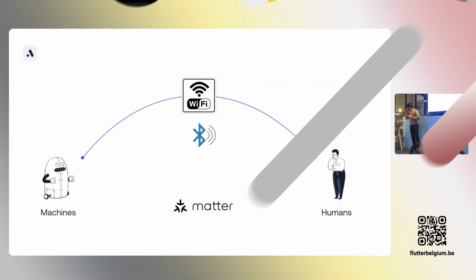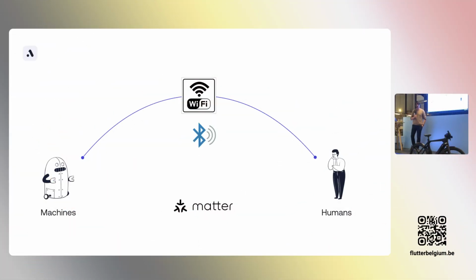And then the elephant in the room, if you talk about IoT: Matter. There's no implementation of Matter for Flutter anywhere. There's one package, but it has 0 lines of code and some demo documentation, so I don't think it's usable.